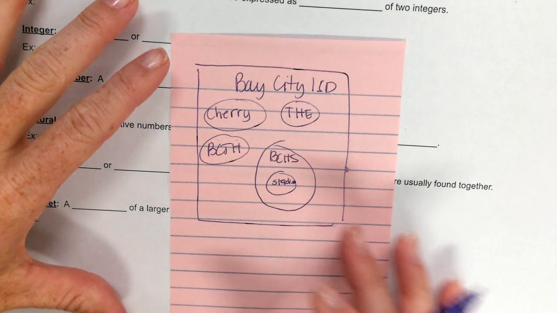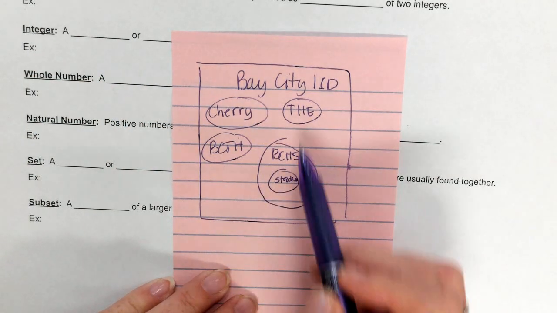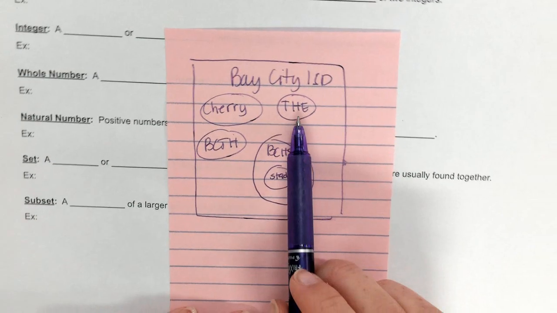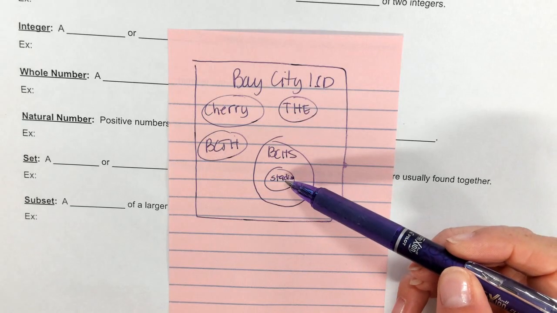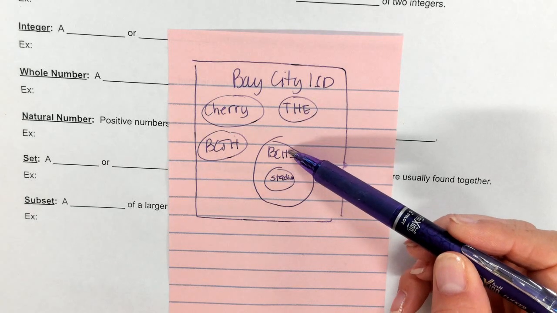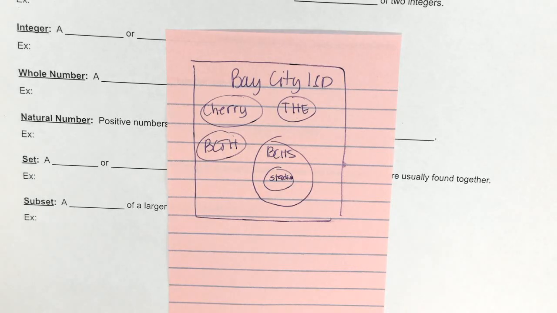Okay, so when we're talking about sets and subsets, the set here is Bay City ISD, and these are all subsets that belong to that. And the stadium is a subset of Bay City High School, which is a subset of Bay City ISD. So basically, the more you get inside, the more categories it actually belongs to. Does that make sense? Yes or no?